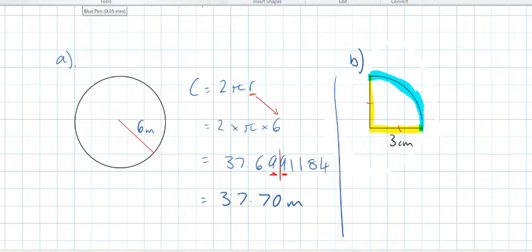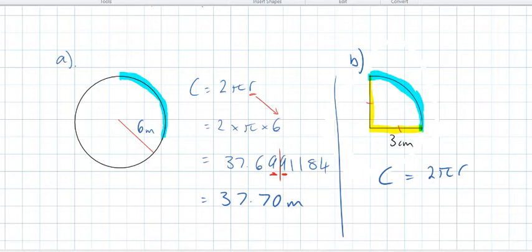Alright? Let's take the curved edge to start with. If we write circumference equals 2 times pi times r, that's all very easy and well for a full circle. But note, what I've highlighted on the right hand side is only a quarter of the circle.